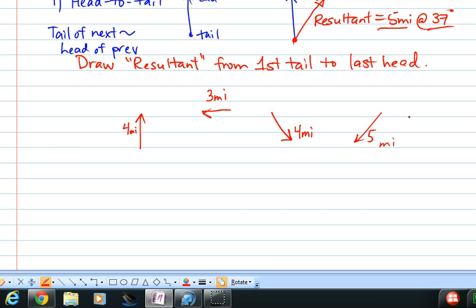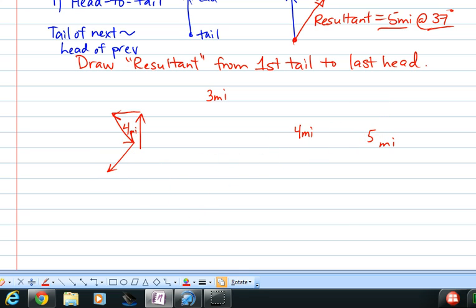Okay, so all of these vectors can be added using head to tail, and I'm just going to drag the vectors themselves, so the tail of that goes to the head, and the tail of that goes to the head, and then the tail of that goes to the head.